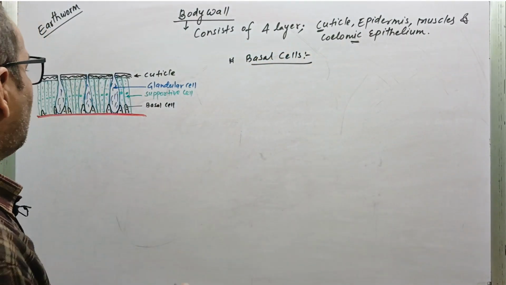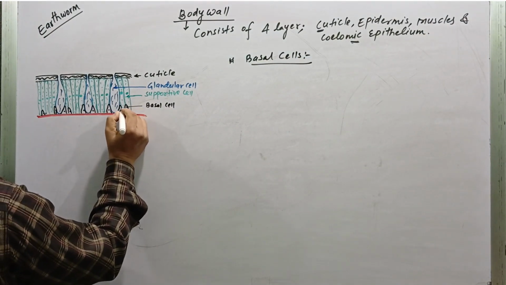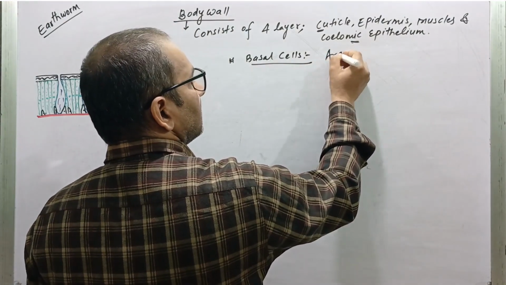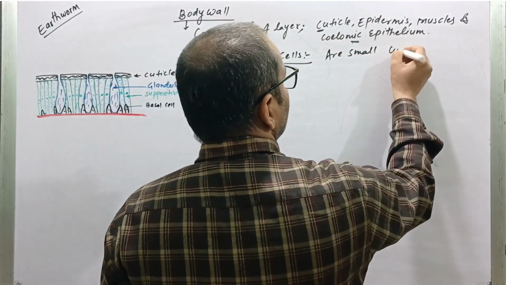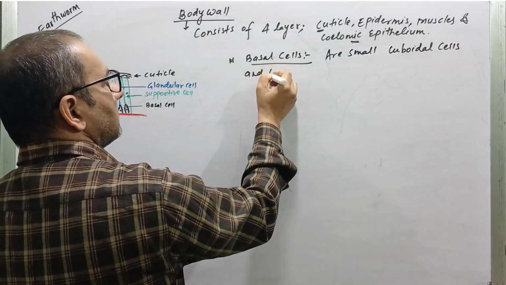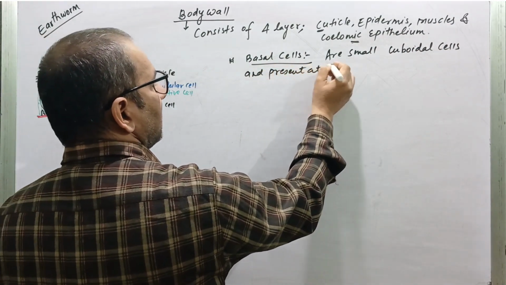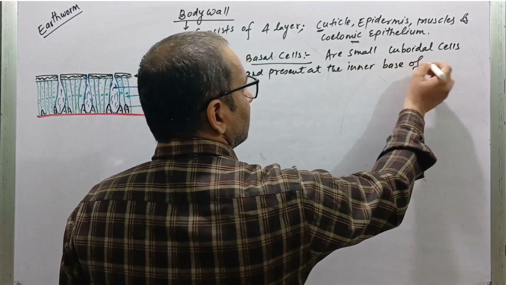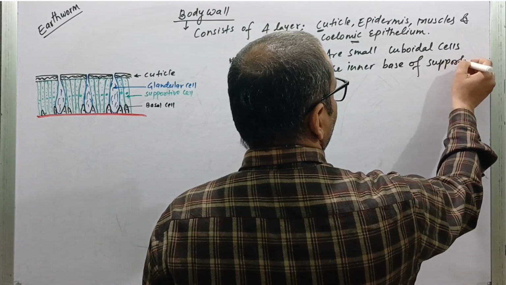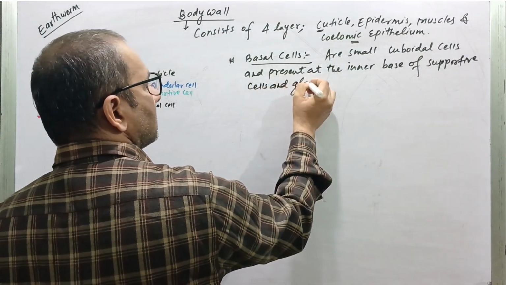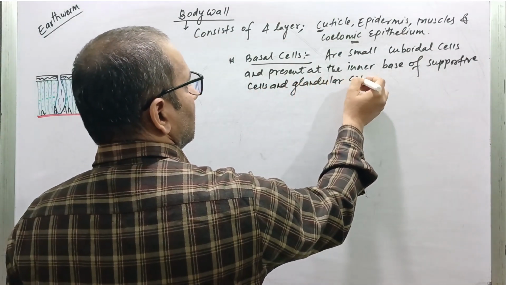The basal cells are small cuboidal cells and they are present at the inner base of the supportive cells and glandular cells.